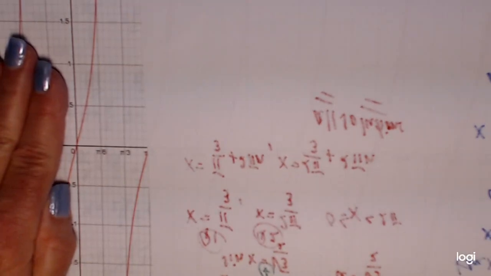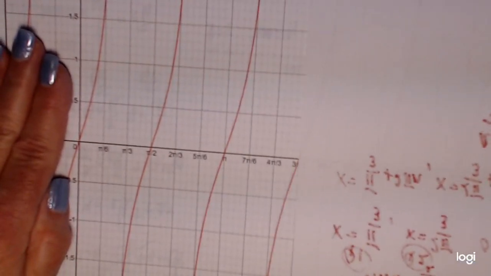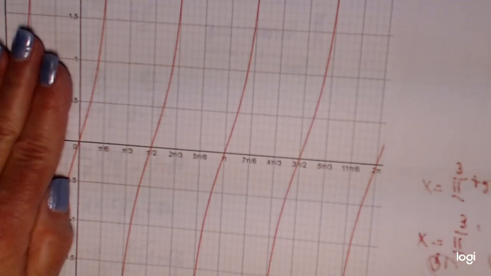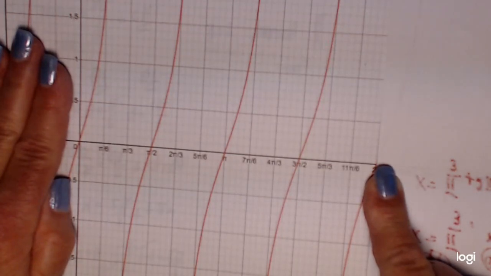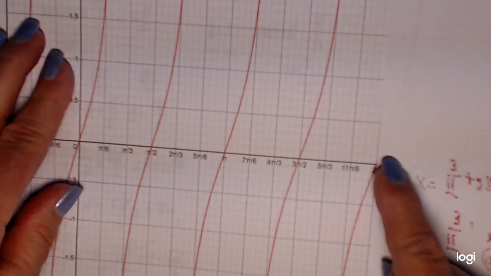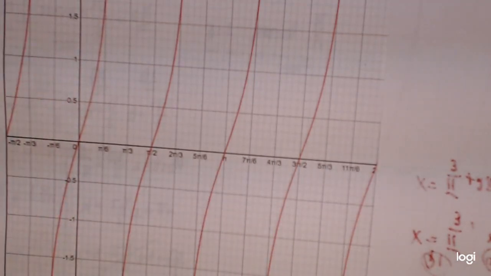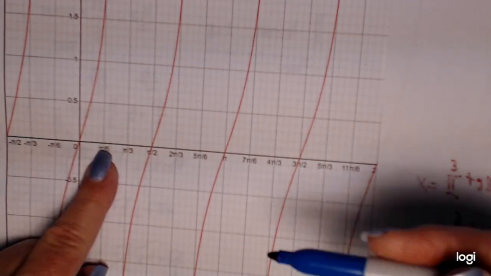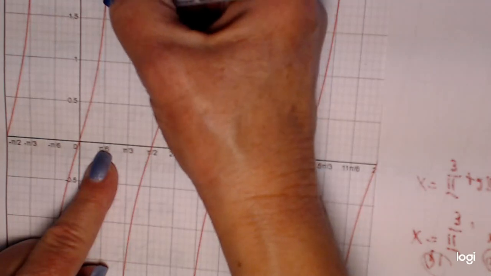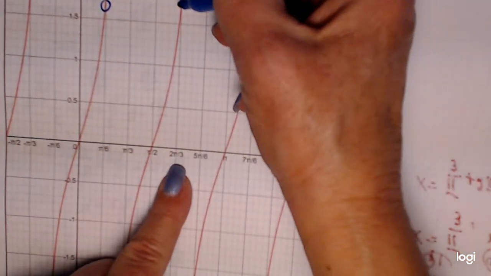So between 0 and 2 pi on our graph, here's 0 and 2 pi. So we're looking at, our equation says, we're looking for square root of 3, which is 1 point something. So if we look here, we can see that we have an answer over here, and then we have one over here.